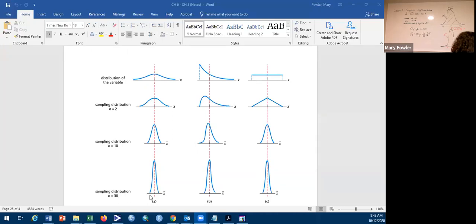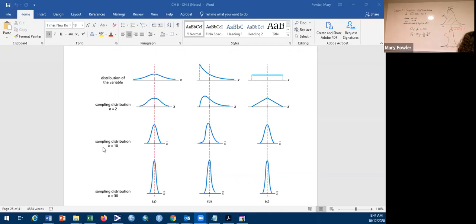So let's look at this other distribution, sort of like a right skew over here in the middle column. And as we take a sample of size 2, the distribution of the sample mean starts to look a little more right skewed, right? So the tail on the left is softer.